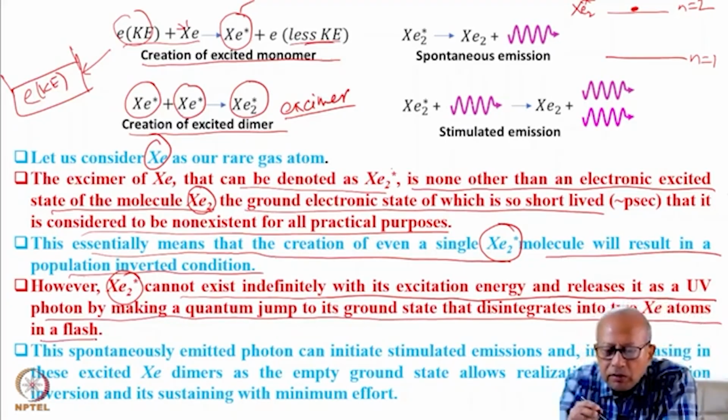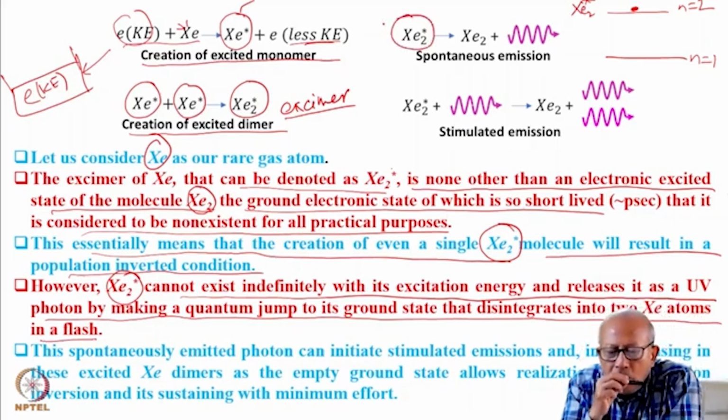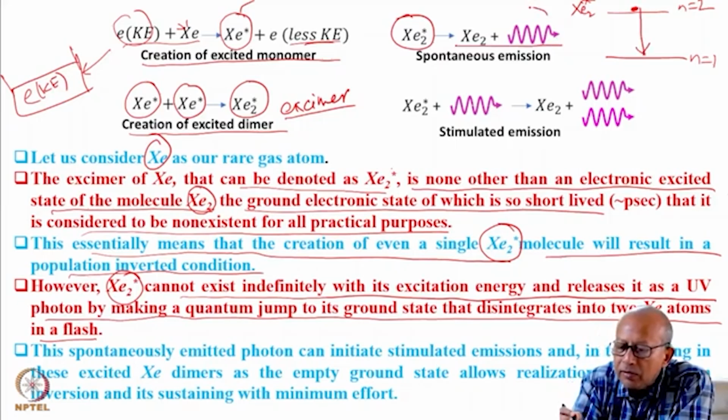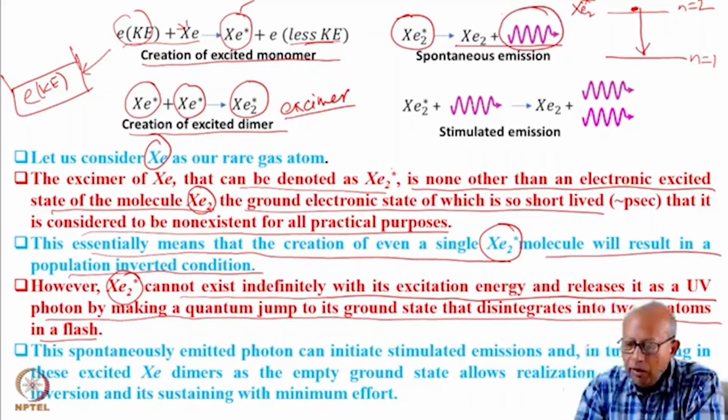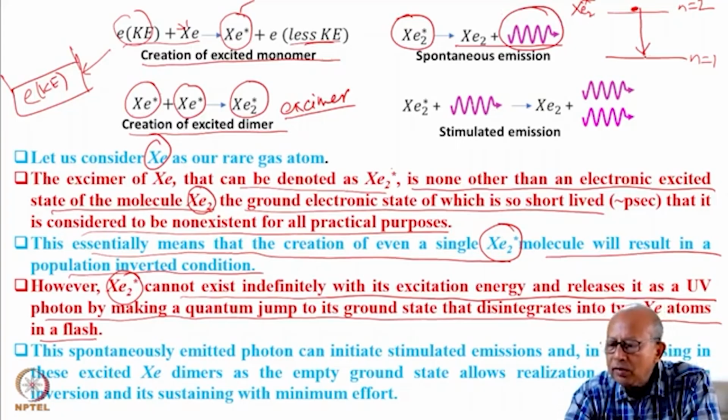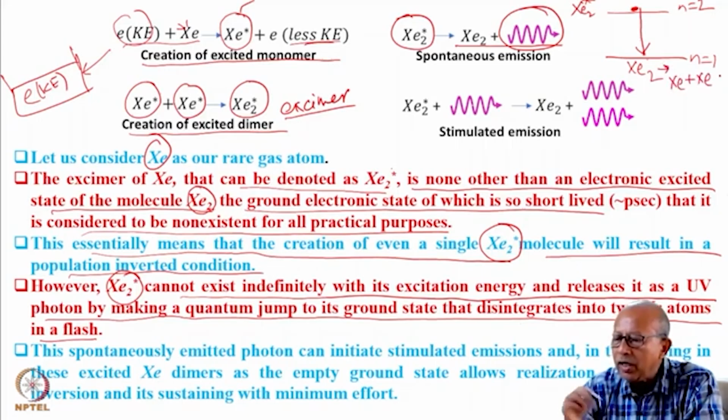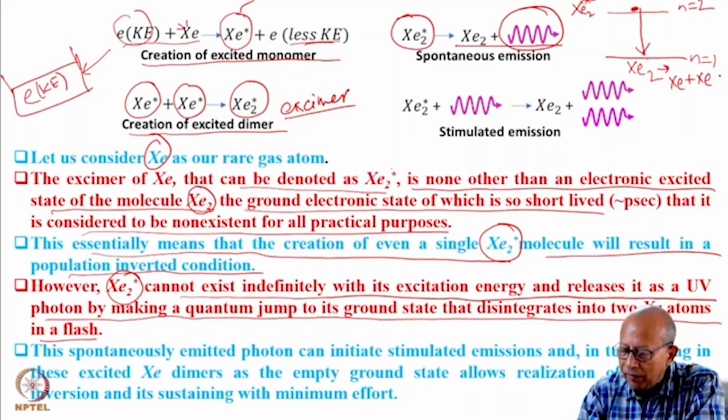So this xenon molecule in the excited state just drops down to the ground state and releases this excitation energy spontaneously as a photon. Now, as soon as the xenon molecule comes to the ground state, it will immediately split into two xenon atoms in a flash, because it doesn't exist there.